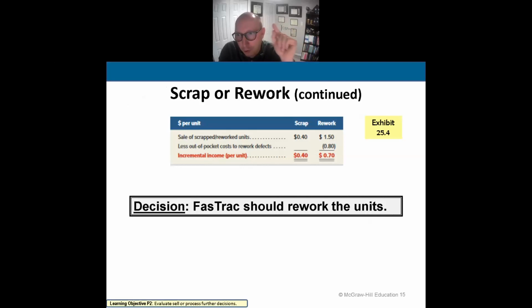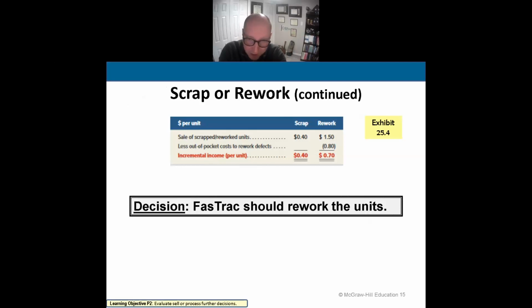Here's why. Remember the rule of sunk cost. Don't consider the dollar we already spent because it's a sunk cost. I can't recover it. I already spent it. So I don't use that dollar I already spent in my analysis. That's why we don't see that dollar expense here.